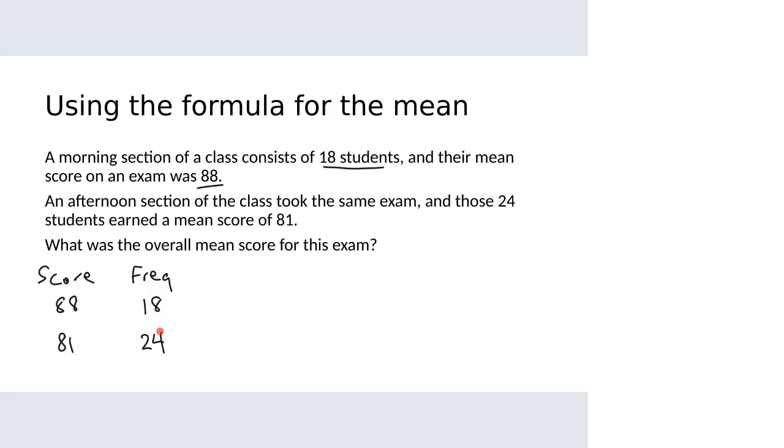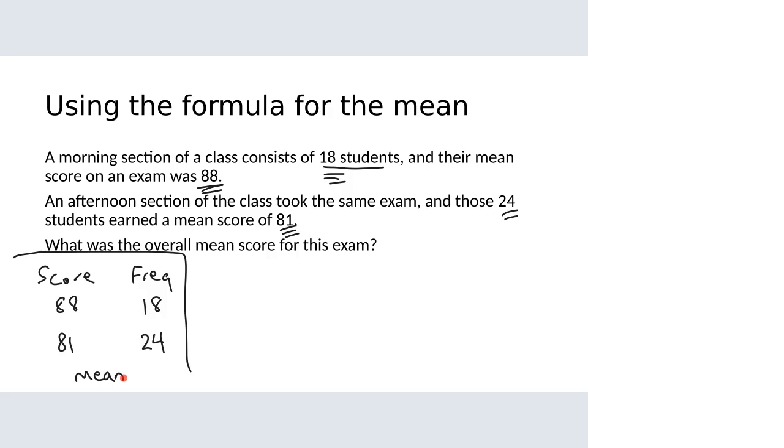So this is a problem that doesn't necessarily read like I could put this in a frequency table right away. But once you step back and think, hey, wait a minute, I have this data point 18 times and I have this data point 24 times, which means I can use this frequency table. And now all we're doing is finding a mean from a frequency table, which is something we did on Tuesday.